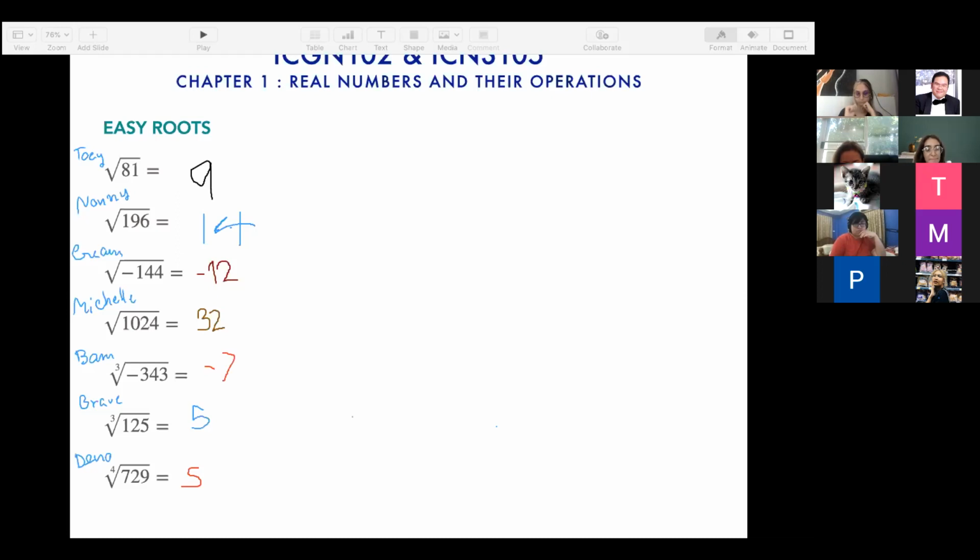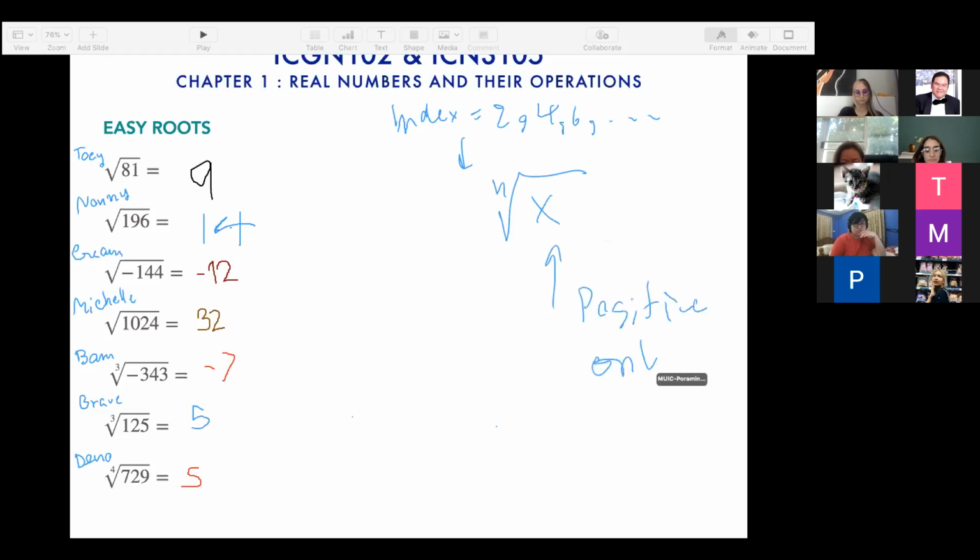For square root or fourth root, if the index is an even number like 2, 4 or 6, the value of x must be positive only, otherwise you cannot find the answer.